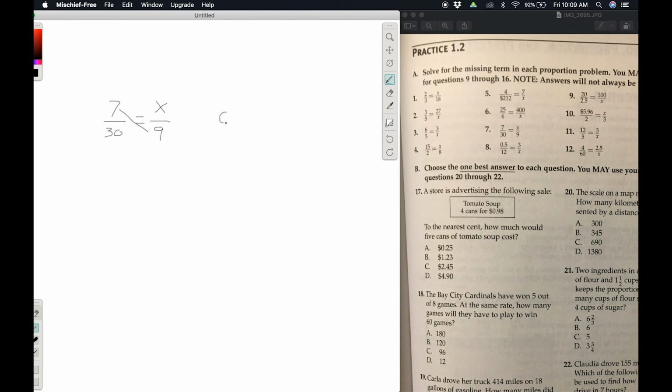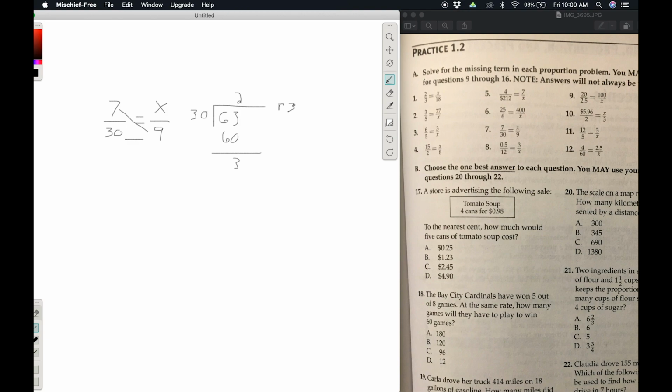Then we have 30, since we're dividing that way, 30 into 63. Well, 30 goes into 63 twice. 2 times 30 is 60. 63 minus 60 is 3. So we have 2 with a remainder of 3.